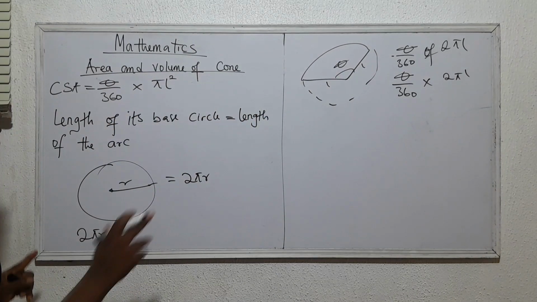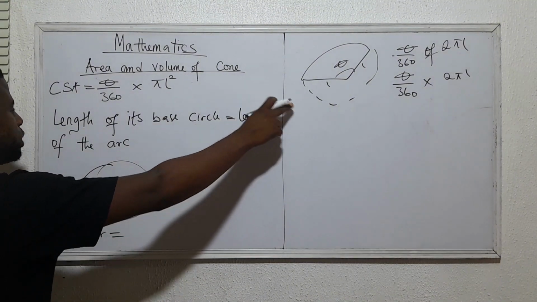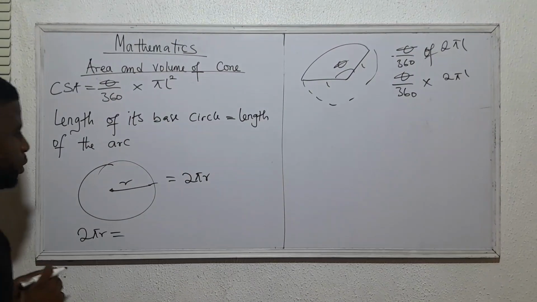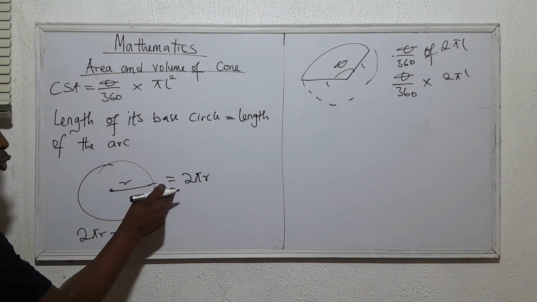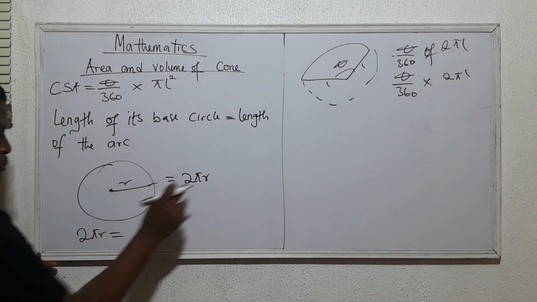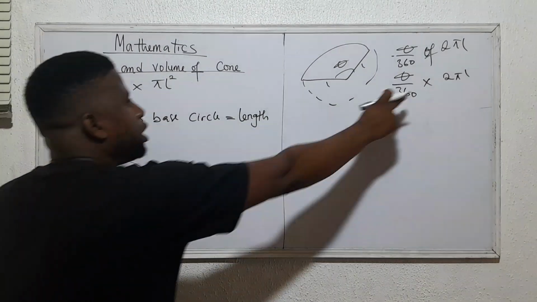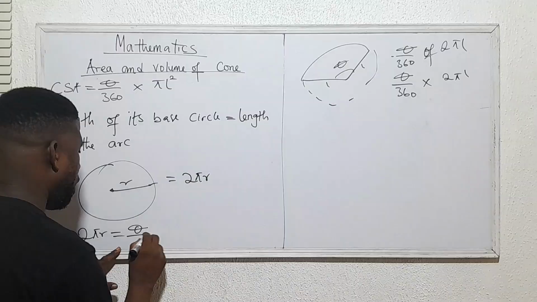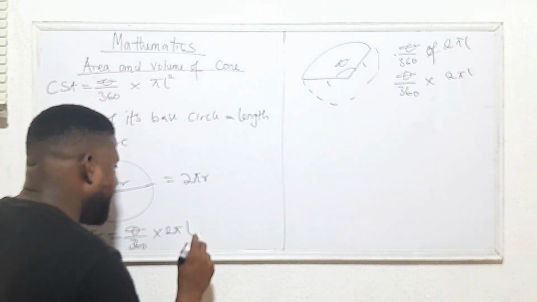Now, we know that the length of its base circle is equal to the length of the arc, in which the length of its base circle, which is 2 pi r, is equal. We now know that the length of the arc is what? Theta over 360 times 2 pi L.